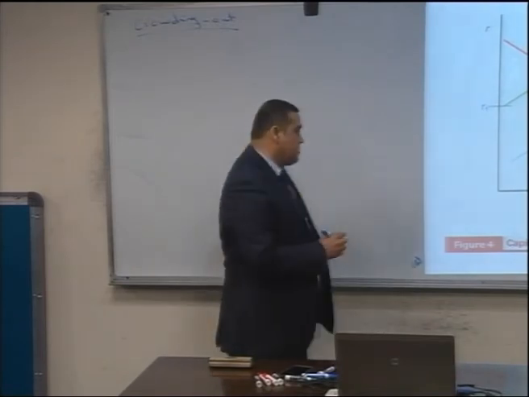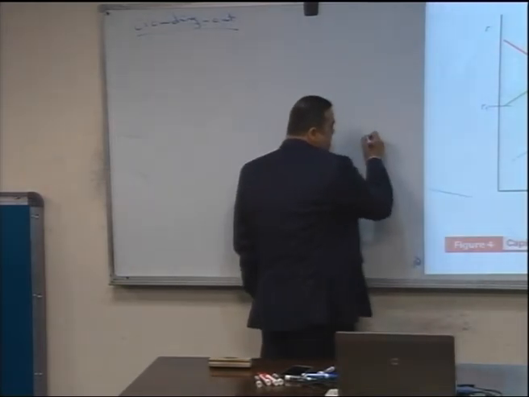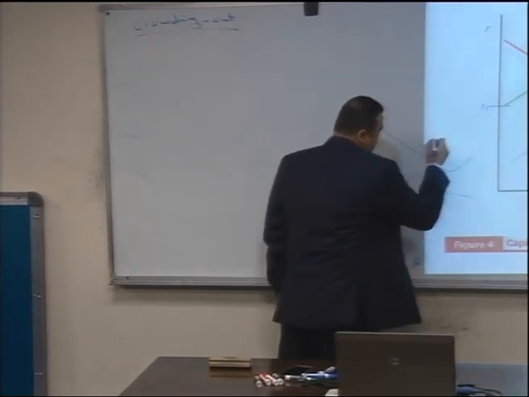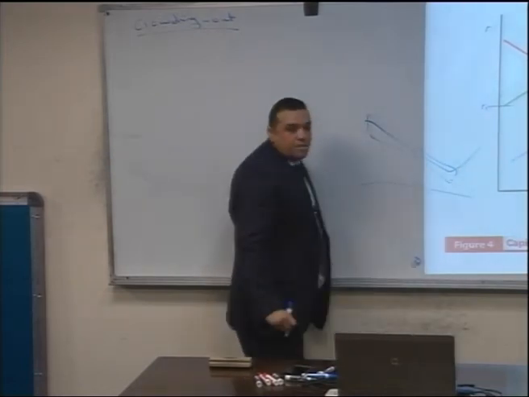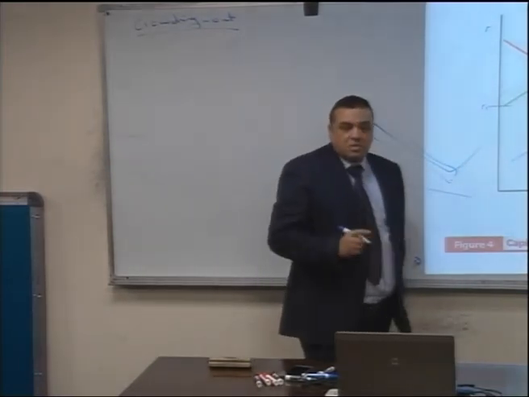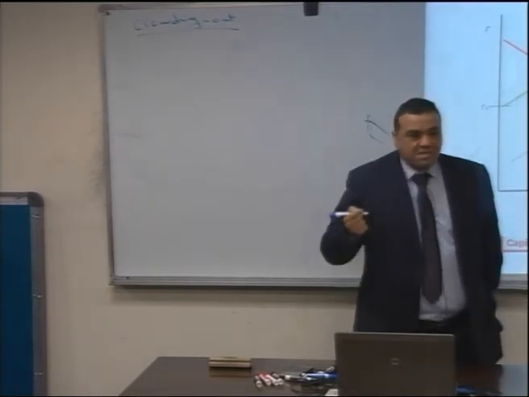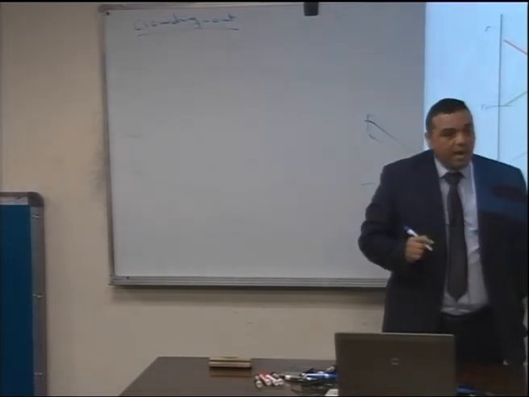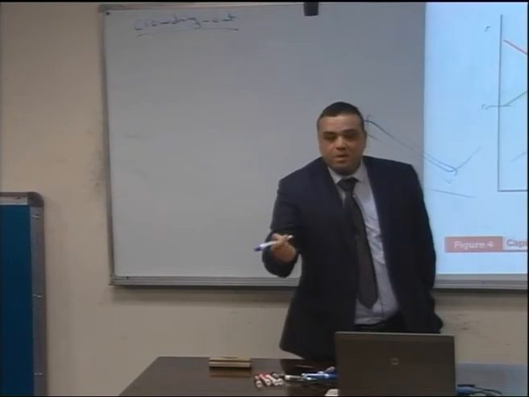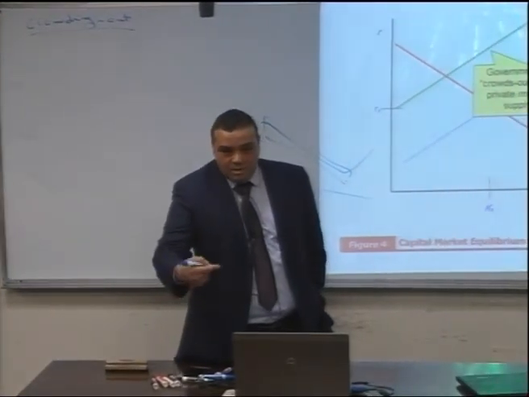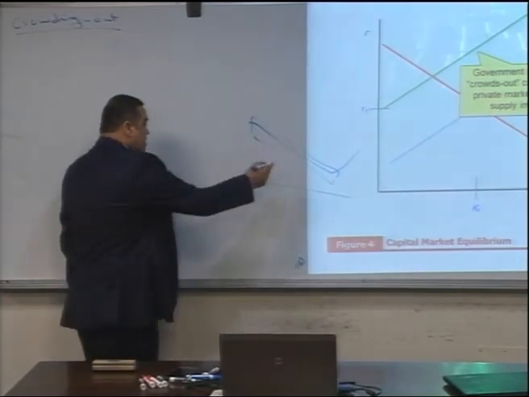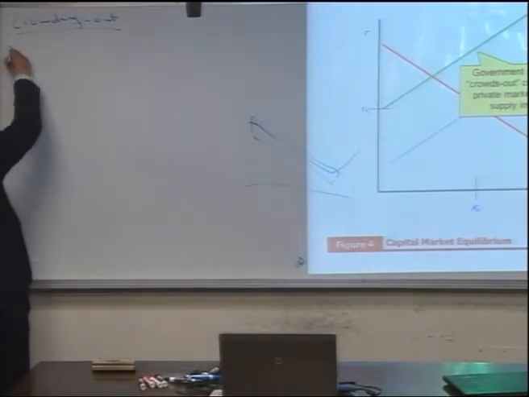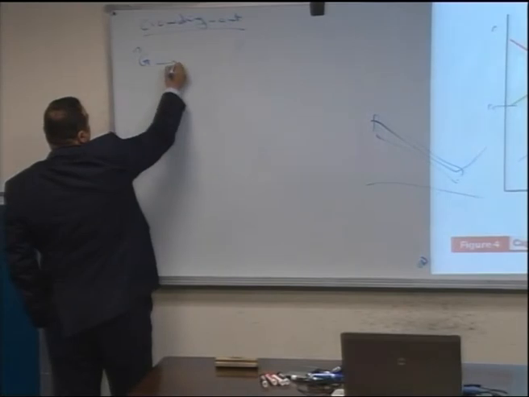During the recession, the government should intervene to stimulate the economy by increasing government spending, or by increasing transfer payments and unemployment benefits. Okay? So the government increases its spending.